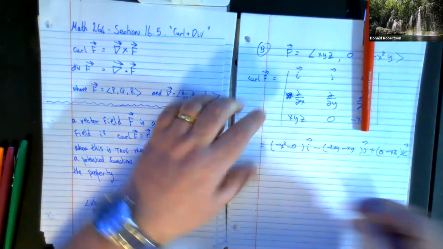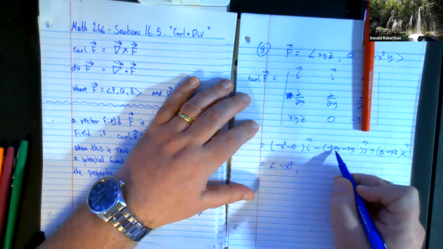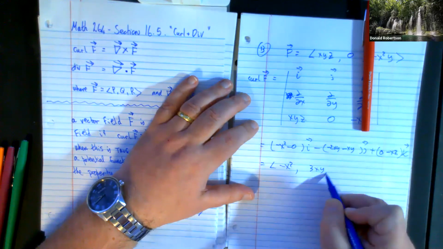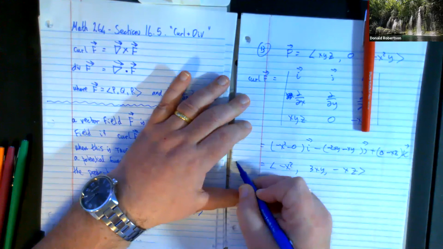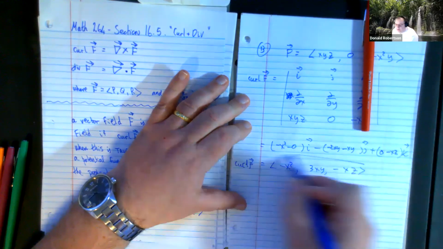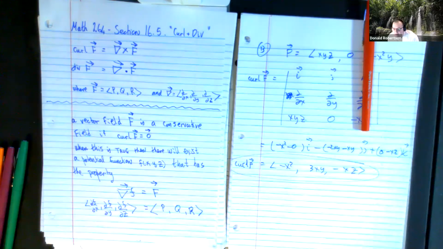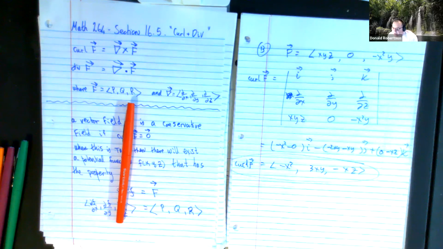So it ends up being negative x squared, positive 3xy. So it didn't even have zeros. Interesting. I thought it would have some zeros, but I'm wrong. Unless I screwed up, I hope I haven't. So do you see, I don't treat it any differently.